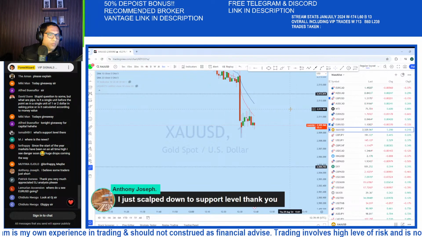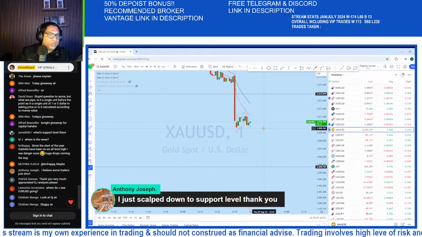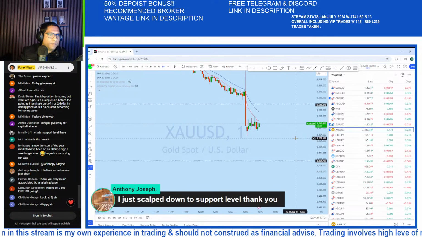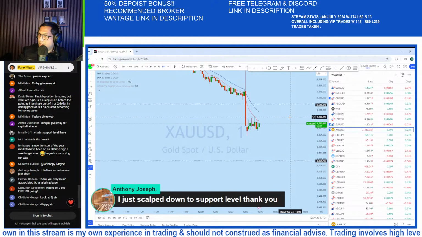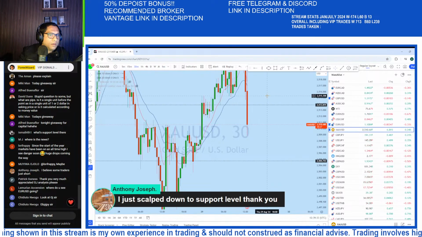So in this area, what you can see here, want to see first it's breaking below and then to bounce back to the upside.